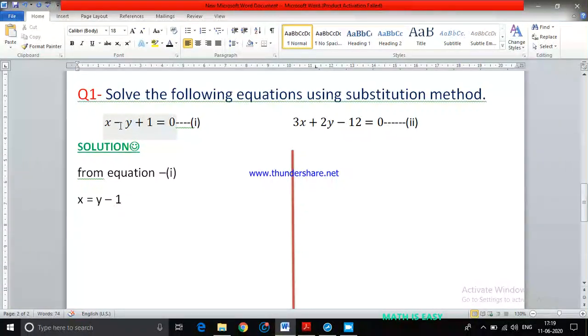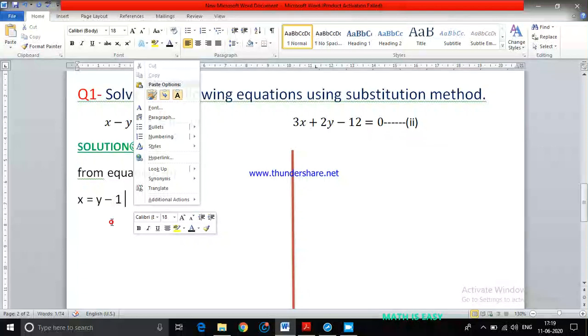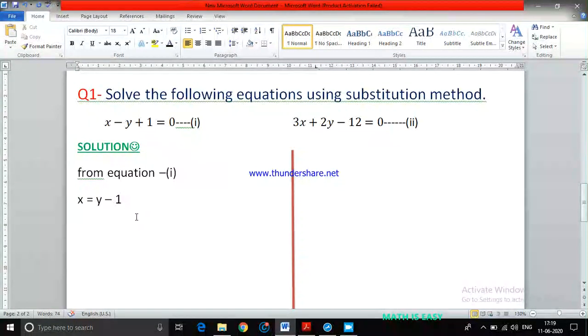What I am doing here is keeping this x on the left side only. This minus y and plus 1 I am sending to the right side of the equality. So minus y is going to be plus y and plus 1 is going to be minus 1. Okay, so you have the x value as y minus 1.